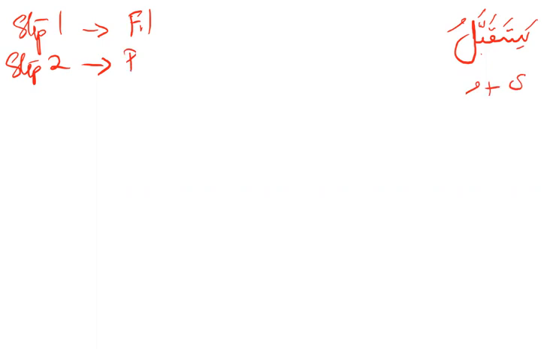And here again, we will go through the process. Step 1, fa'il, ism or harf? Fa'il. Step 2, past or present? Present, because ya at the beginning and u at the ending. So it is present tense, and this will make it very easy to do the rest.